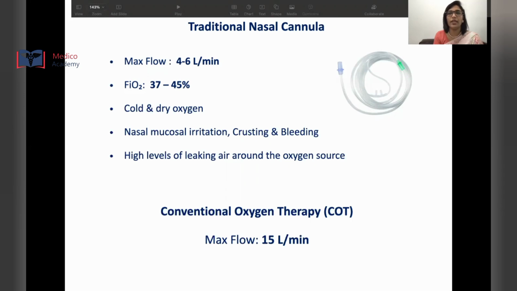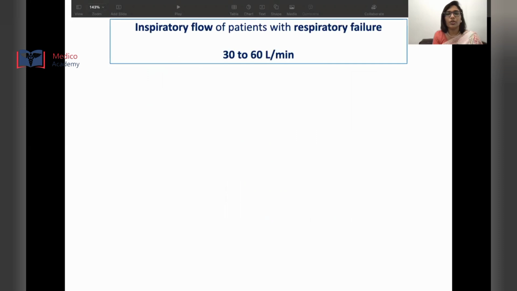These are considered conventional oxygen therapy devices. These low flow variable performance devices are part of conventional oxygen therapy, where the maximum flow rate will be 15 to 20 liters per minute. So why is this flow important? One thing you need to understand is that when a patient is in respiratory failure, he'll be using very high flows.